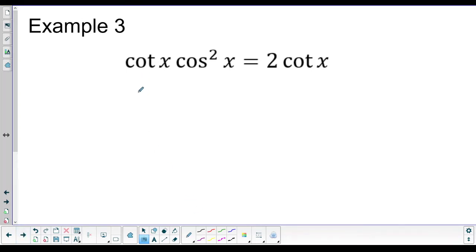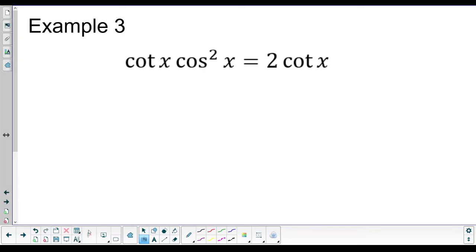So here, this one looks pretty intimidating just because we have cotangents and cosines. So in general, there are going to be 2 strategies, right? You're either going to try and turn one of these trig operations into the other one so that they combine, like turn cotangent into cosine somehow, or cosine into cotangent.